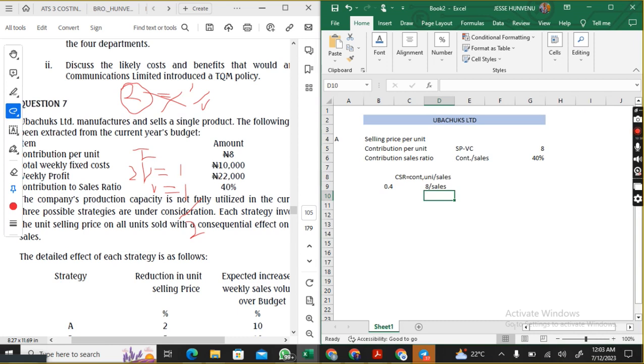So now, to get this X, our sales, what will we do? We cross multiply. So to get our sales here, we divide contribution per unit by the contribution sales ratio.